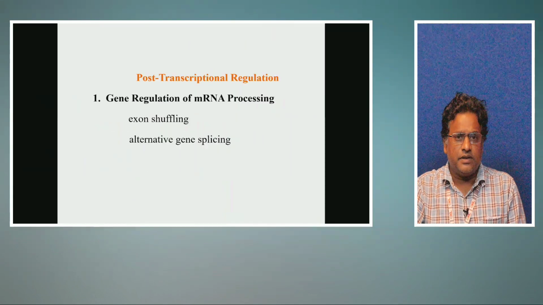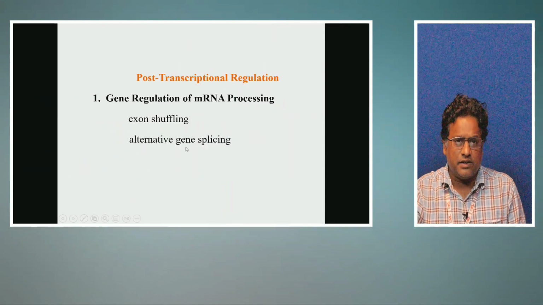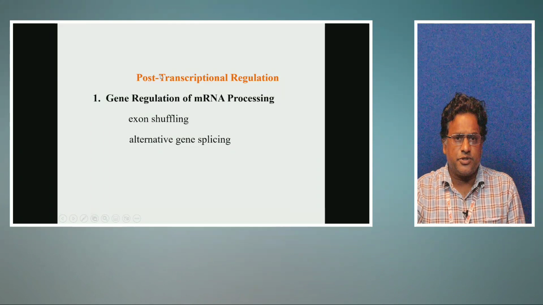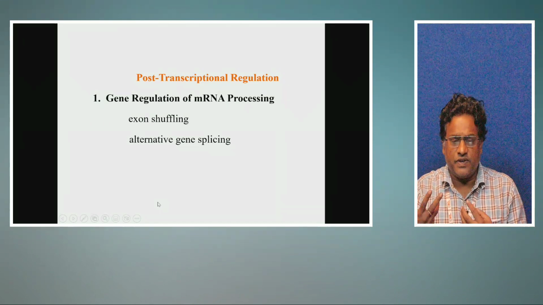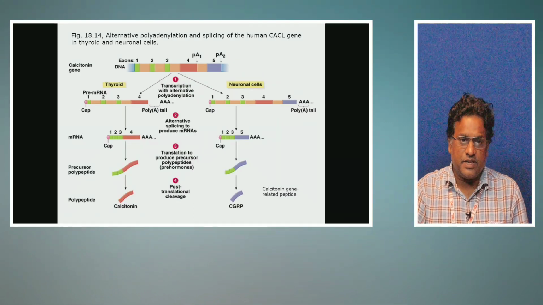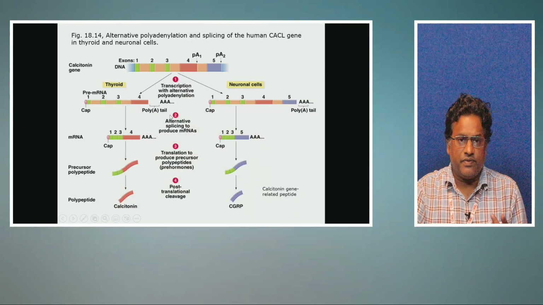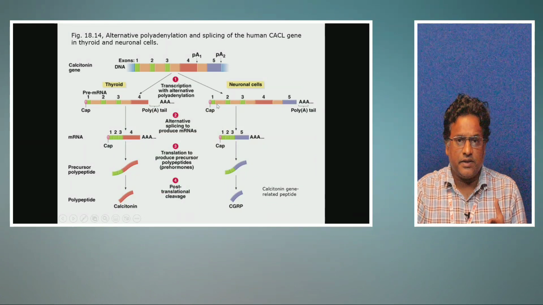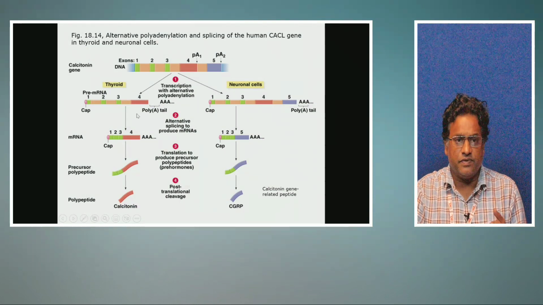Then, as you have been learning about post-transcriptional regulation, you have exon shuffling, or alternative gene splicing, which often happens. For example, if you find the same gene with splicing of different exons, 1, 2, 3, then again 1, 2, 3, and you have alternative polyadenylation taking place, different types of polypeptides are formed.